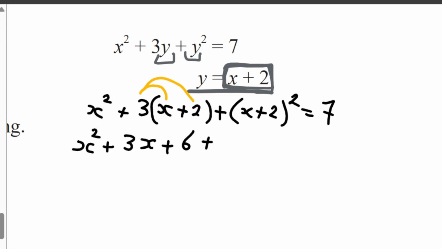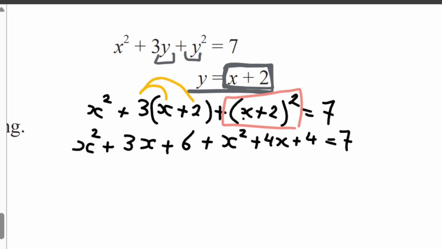Now how do we expand x plus 2 squared? The first one squared is x squared, plus 2 times the first times the second, which is 2 times x times 2, which is 4x, plus the second squared. 2 squared is 4, equals 7.